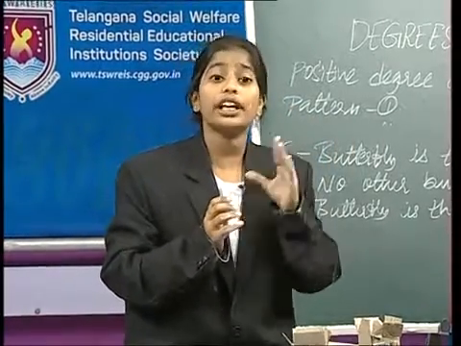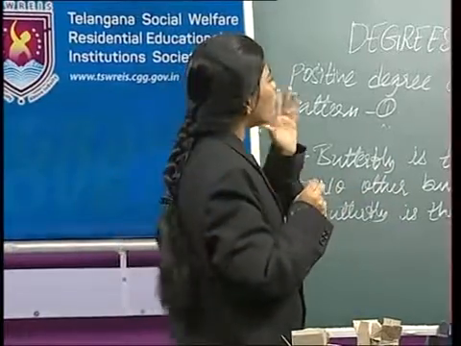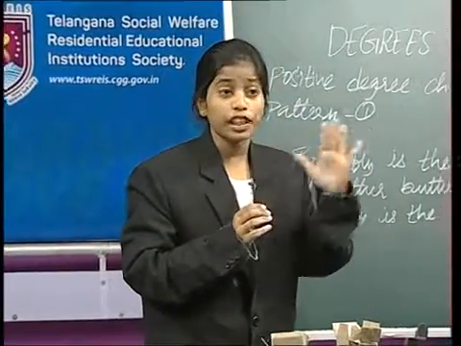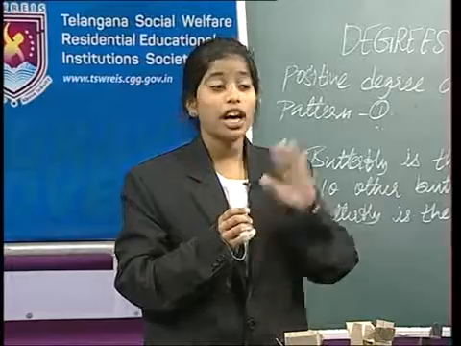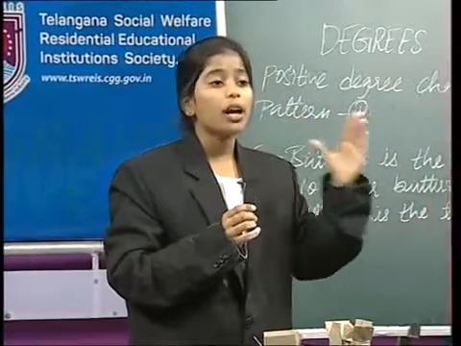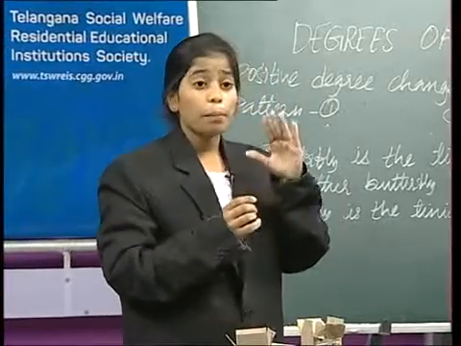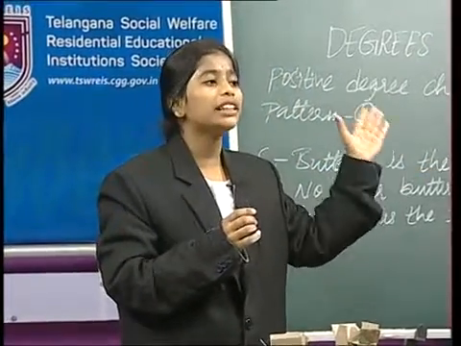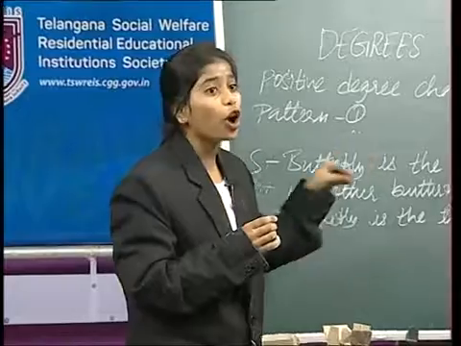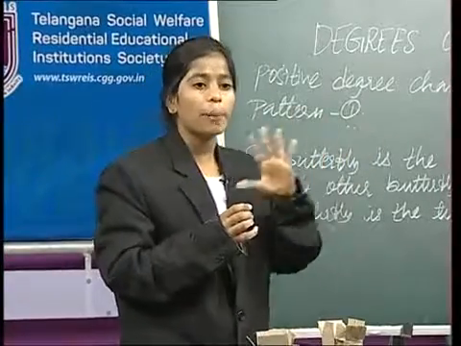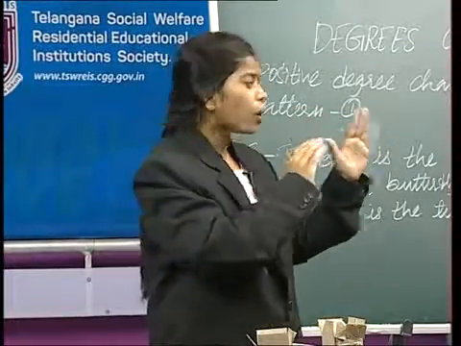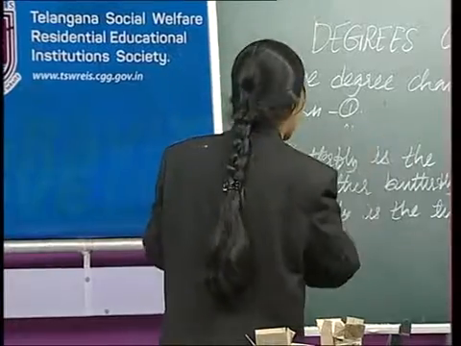This is one of the irregular words. So, when "good" is present, we have to compare the things: Bhavita is a good girl, Bhavita is better than Sainath, and finally, Bhavita is the best in the class of all the students. So, we compare like this.